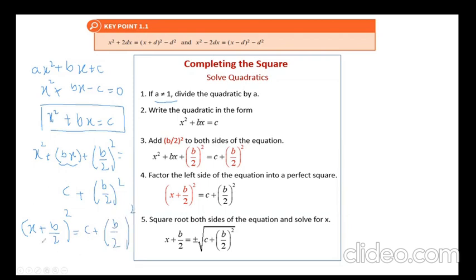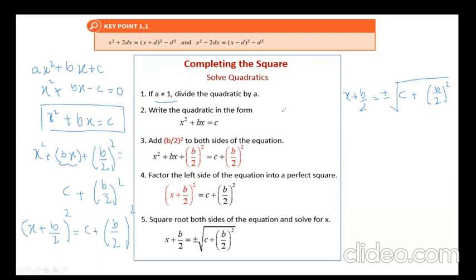Now taking the square root on both sides, this must be x plus b by 2 equals plus or minus the square root of c plus b by 2 square. So this is the formula, the completing square general term.